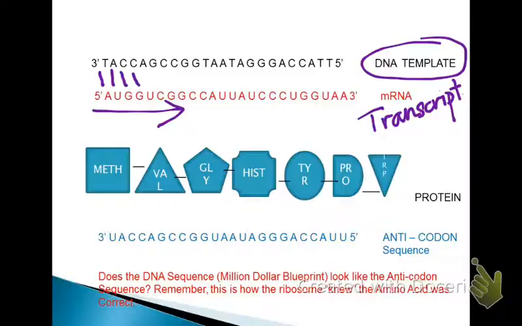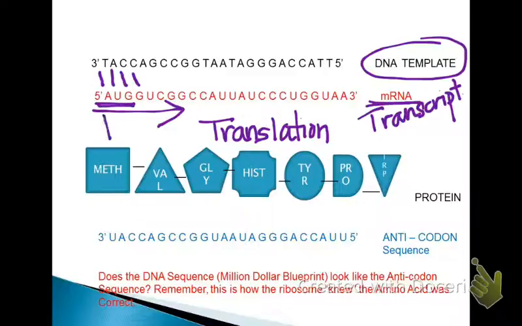All right, so then we read the messenger RNA. The messenger RNA is what we translate. So that is translation, and it occurs in the ribosome. All right, so AUG on your codon chart translates to methionine, which is also the start codon. So AUG will trigger and signal the protein, hey, start making.